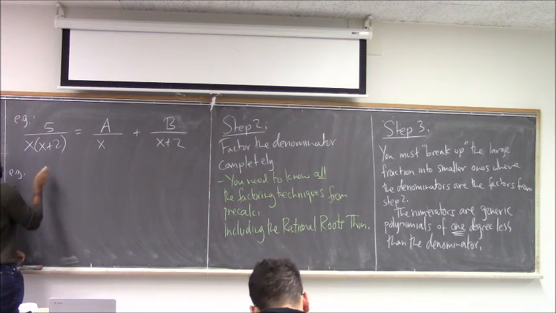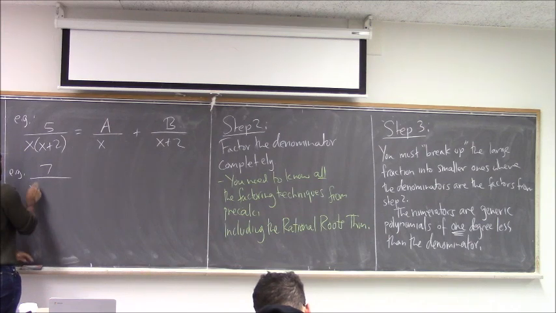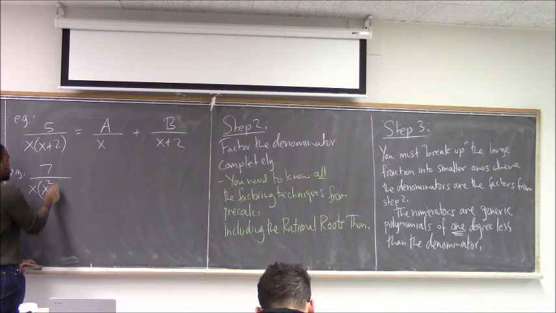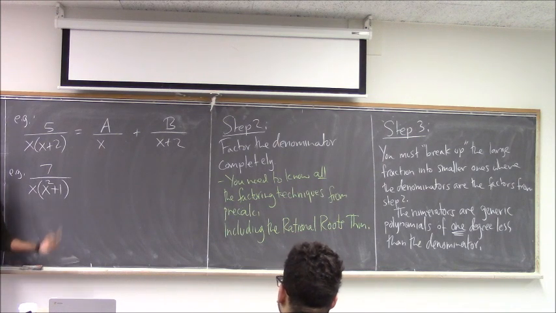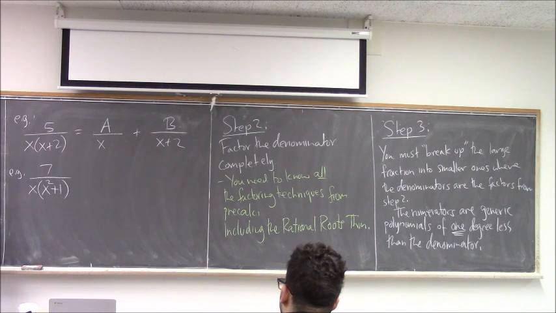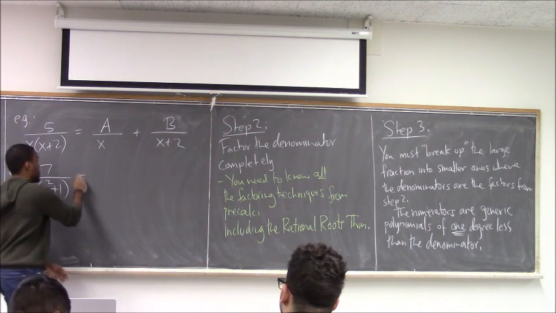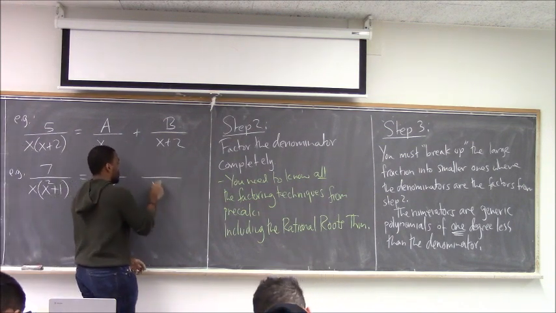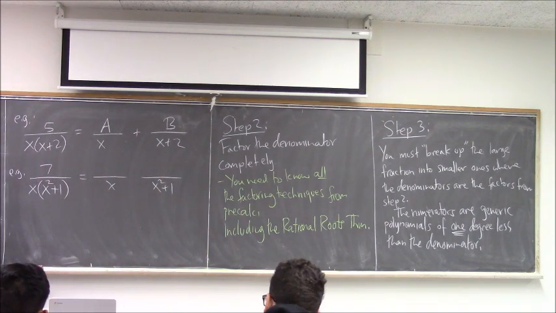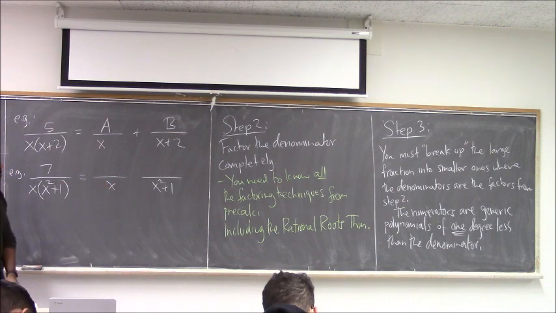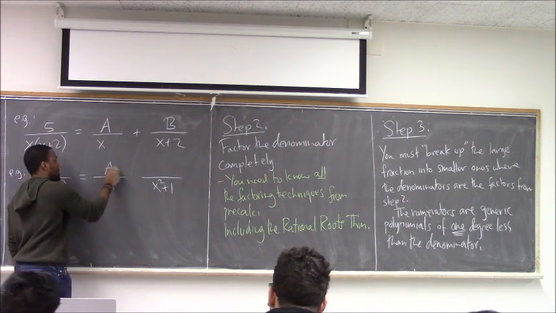Here's another example. 7 over x times x squared plus 1. Now, until you get to complex analysis, that cannot be factored. So this is a fully factored denominator, right? So now there are 2 factors. So again, you're going to break this up into 2 parts. The factor x has degree 1, so the numerator must have degree 0.